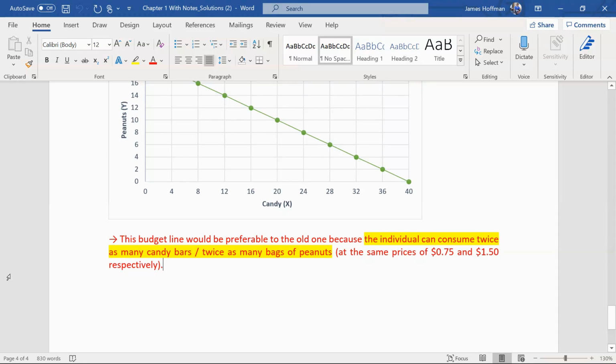Okay, so questions on the budget line example? Because there's a homework assignment question on this. So any questions on what we did here with the budget lines?